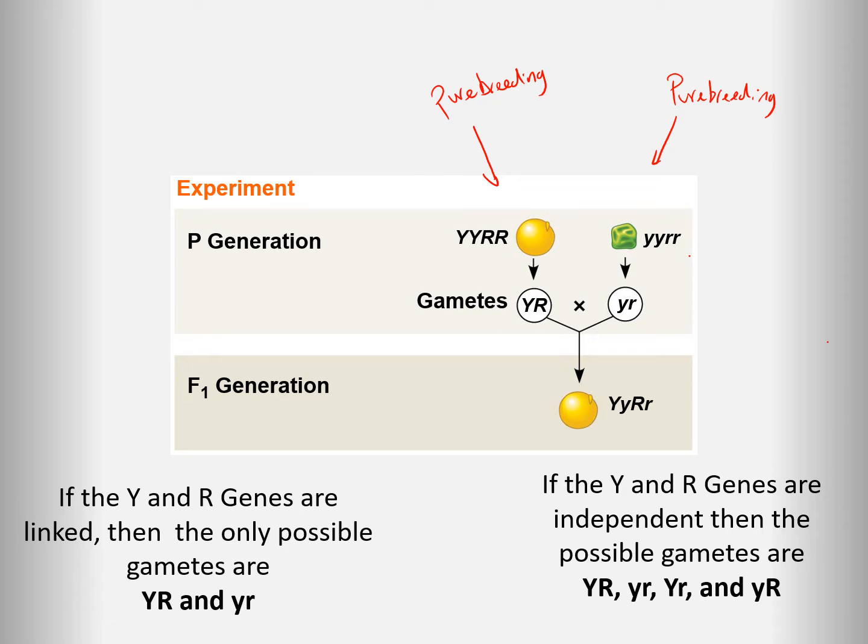Now, if we think about this, there are a couple of different possibilities. Let's say that Y and R are the genes in this setup, where Y controls color, and R is round, which is dominant to wrinkly.